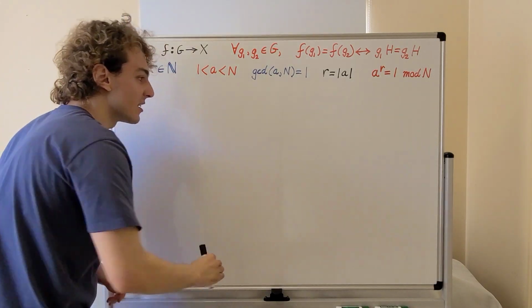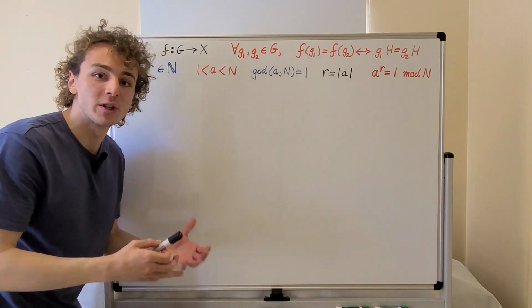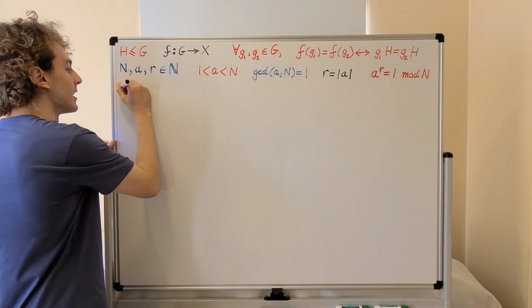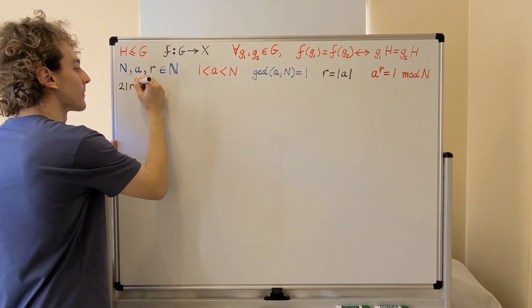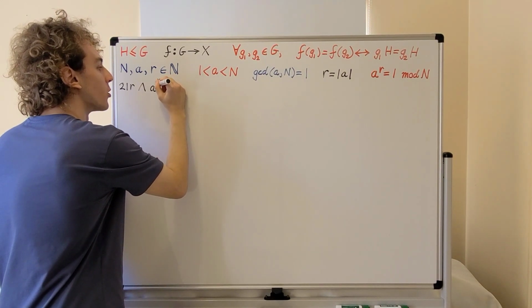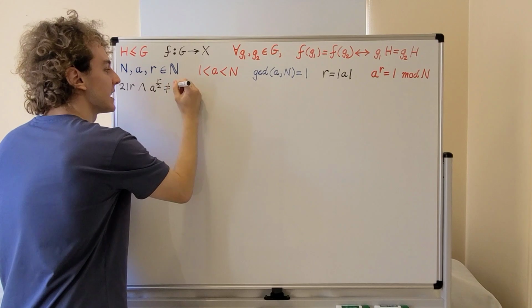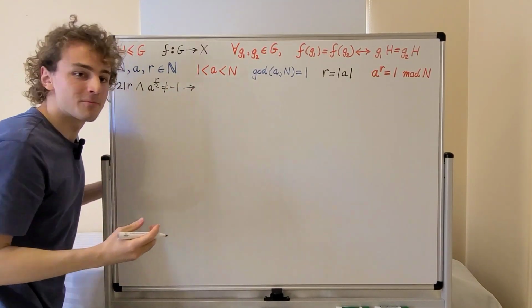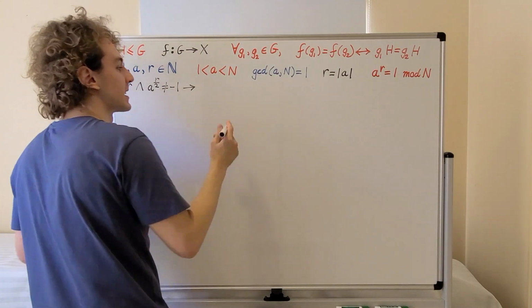So this is a very important insight in Shor's factoring algorithm. If 2 divides r and a to the power of r over 2 is not equal to -1, then we can compute a guess. And we have two options for this guess.